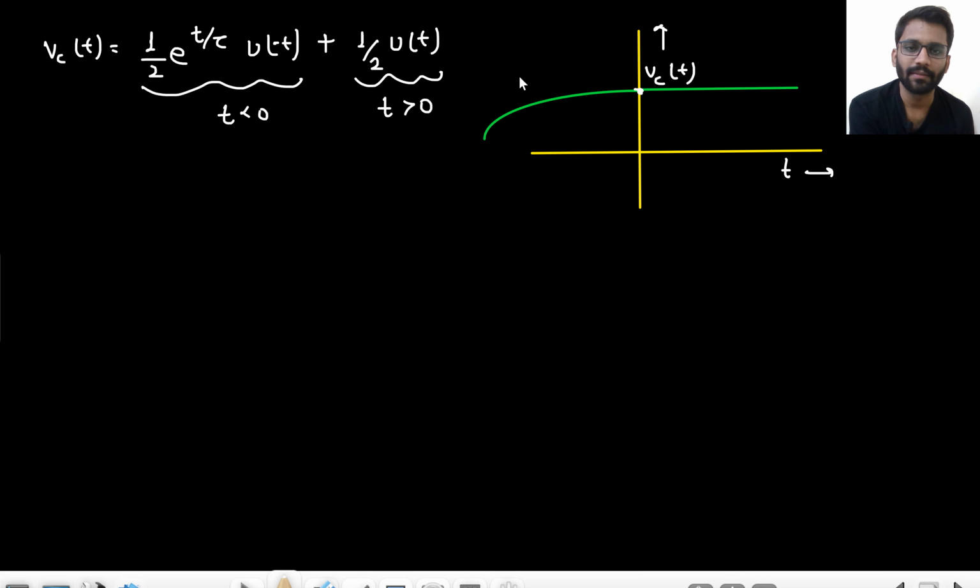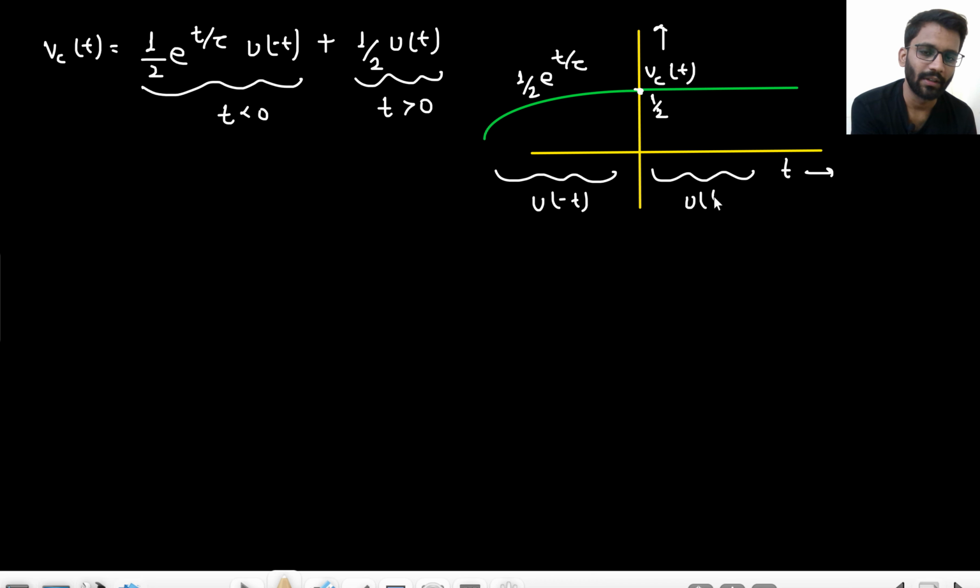So this is 1 by 2 e to the power t upon tau, and this is 1 by 2. So this portion is for u of minus t and this portion is for u of t. So this is what I have written.